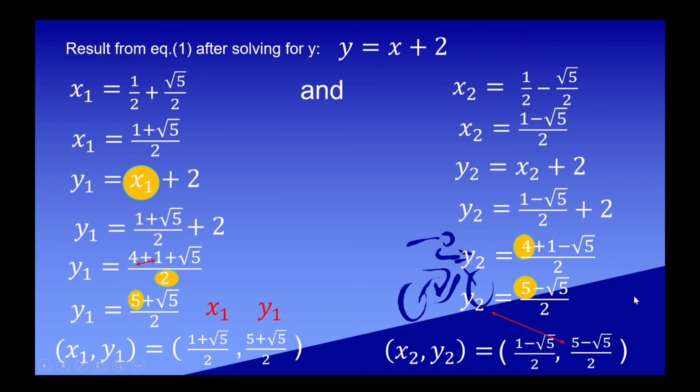Okay, that is our ordered pair, x sub 2 and y sub 2. Therefore, our solution set of the given system of nonlinear equations consists of 2 points.